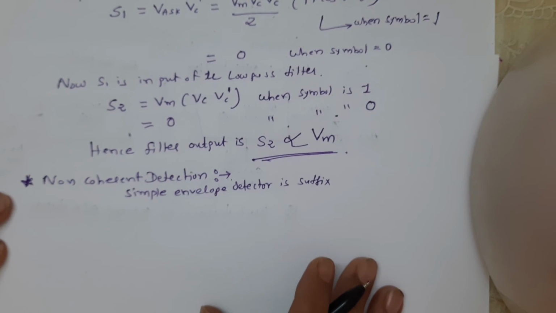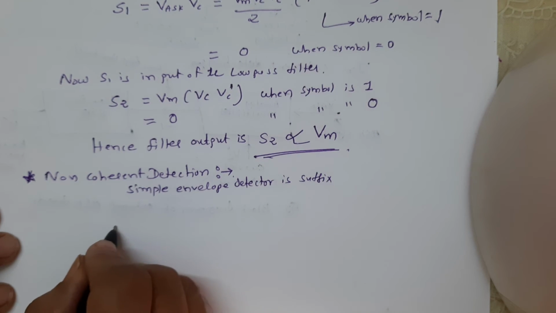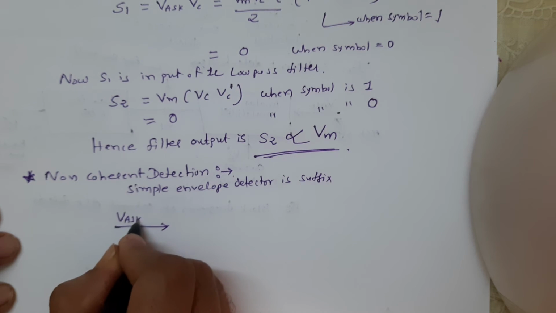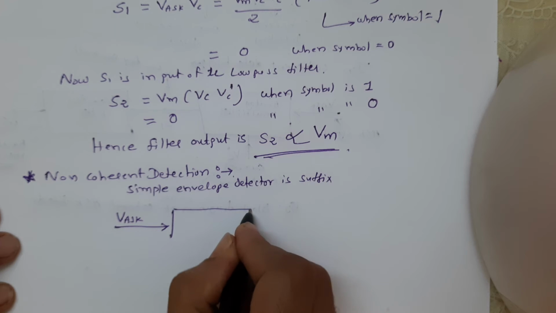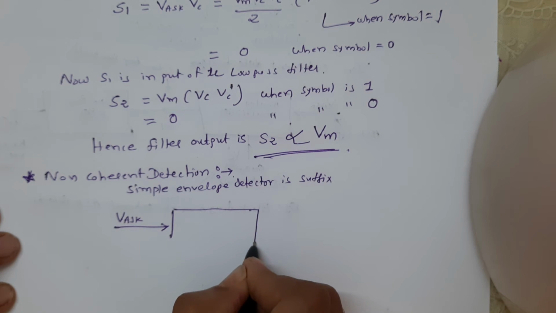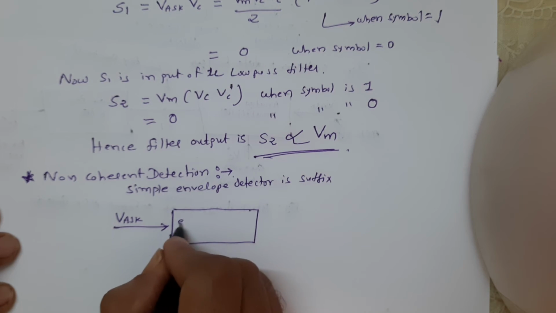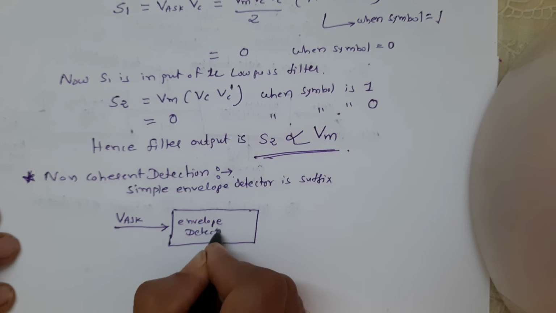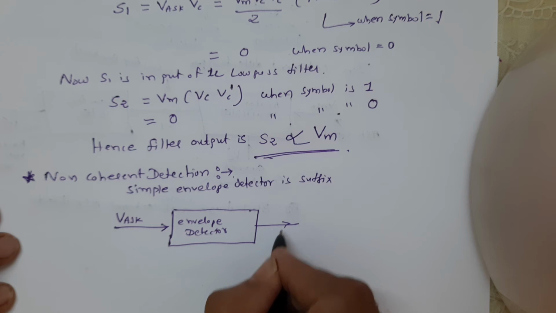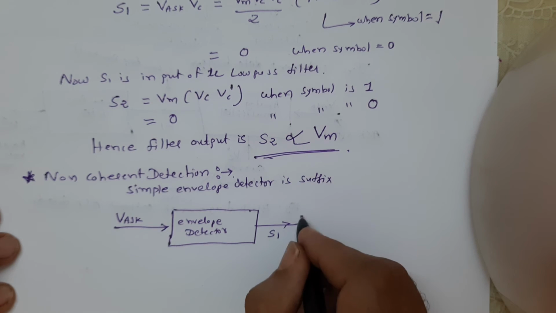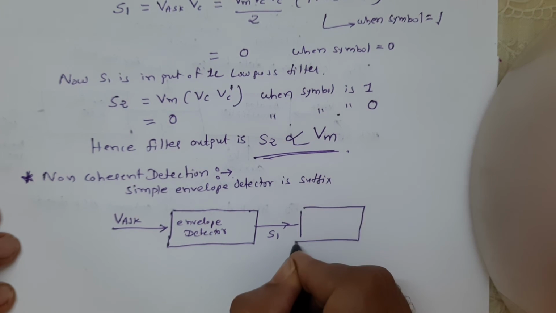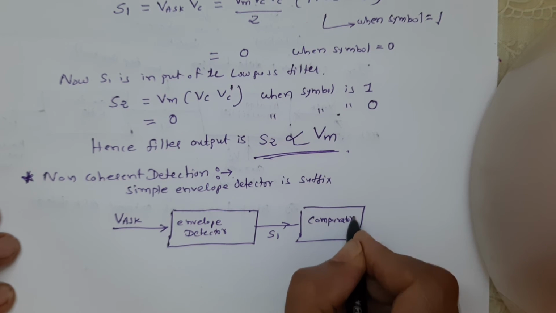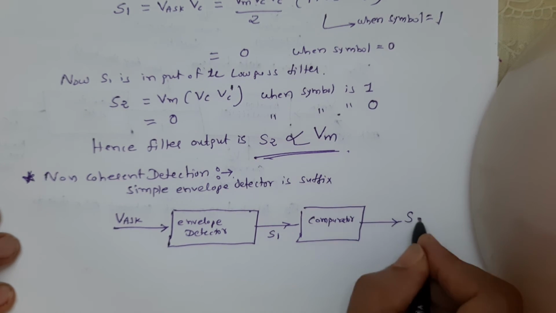The block diagram for this is given as follows. This is our VASK, given to the envelope detector. The output is S1, and then it is given to the comparator. We are getting output S2.